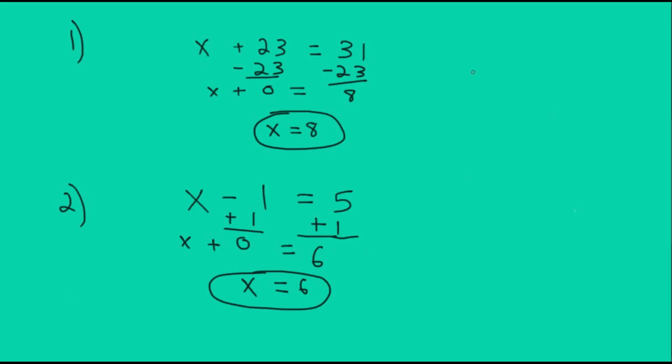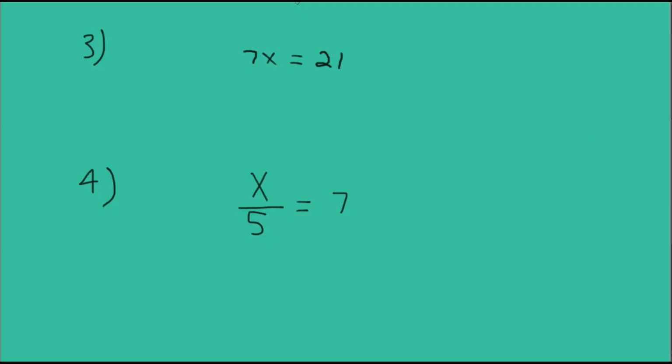Now let's do an example when we have multiplication. 7x equals 21. Now we can't subtract the 7x from this side, otherwise we're going to have only a 0 on this side. So what we'll have to do is the opposite of multiplication. As you see, these two numbers are multiplied to each other.